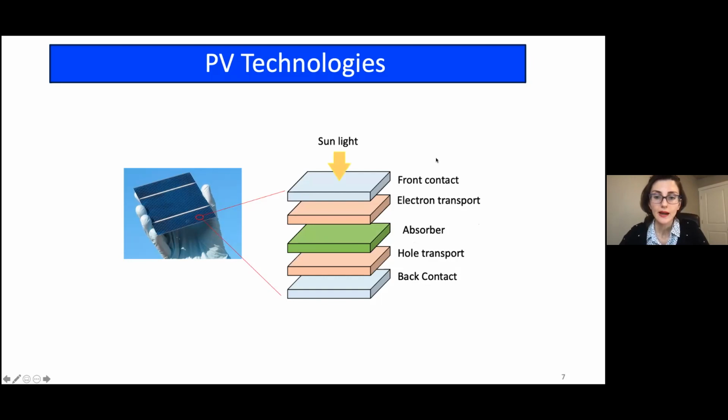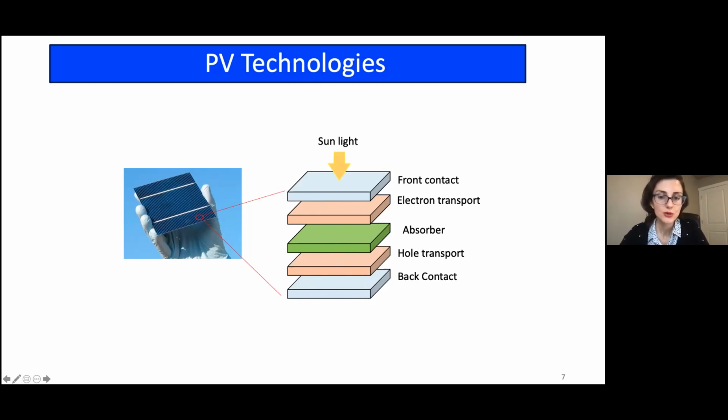As sunlight strikes this semiconductor material, it excites the electrons in the absorber layer, and an atomic scale movement or flow starts between the front and back contact of this PV cell by the help of the electron and hole transport layers.